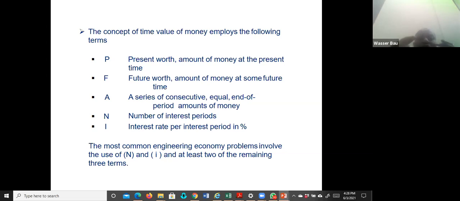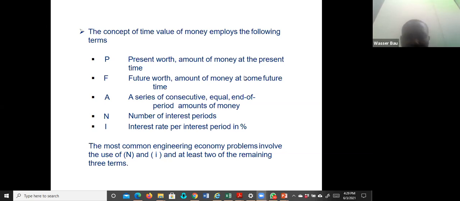So your job is to do your computation, and at the end of this course, some of you will do that on your own. You'll be able to calculate to know whether they are cheating you or you are cheating them, especially after we do the Excel application.